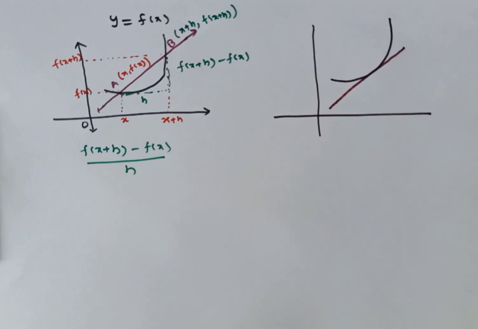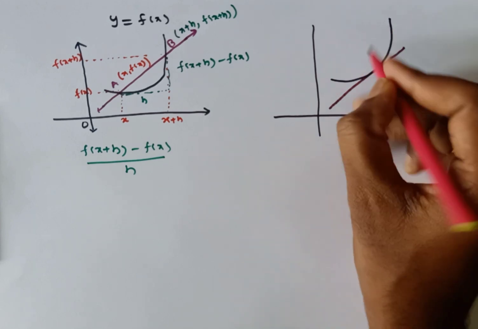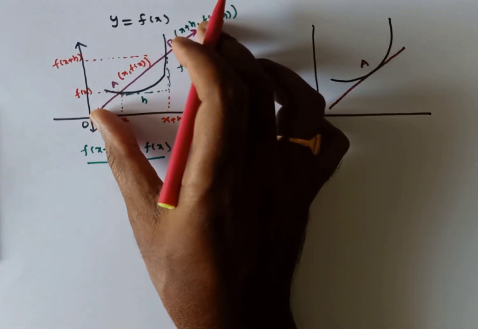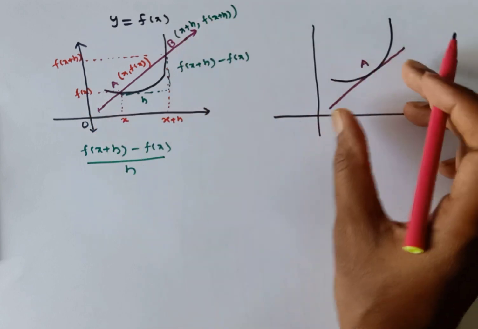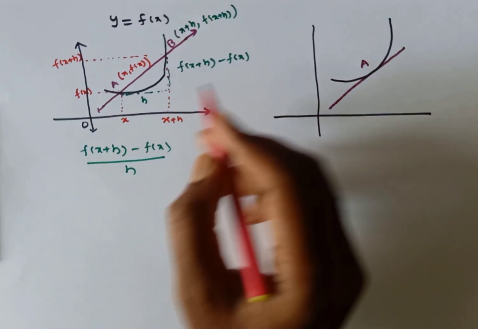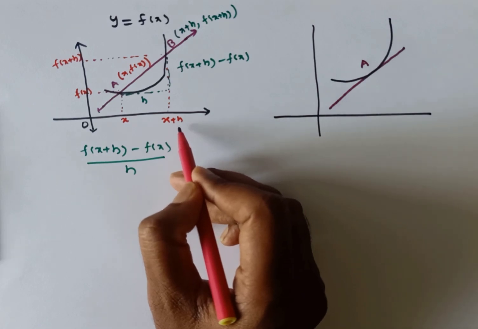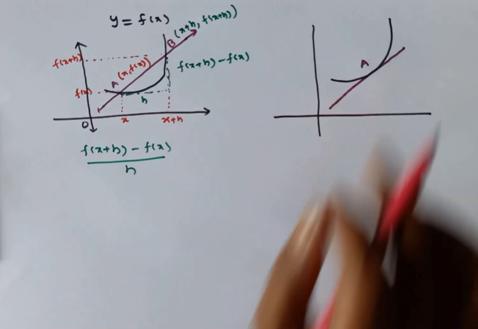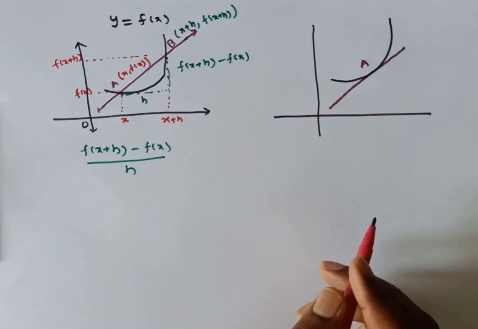This line is known as the tangent line. This line AB is known as the secant line, and this line is known as the tangent line. So when h goes to 0, the line AB becomes like this.